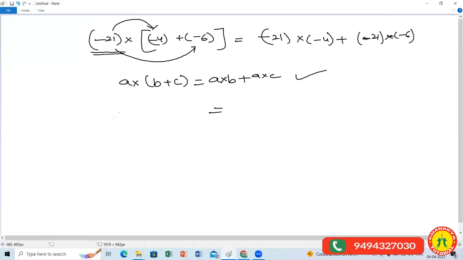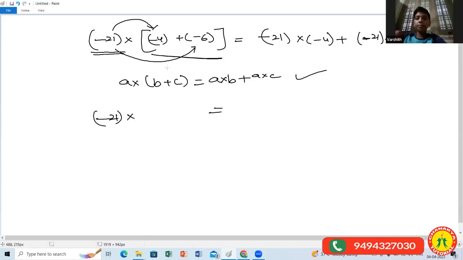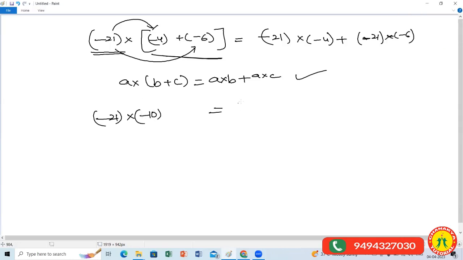You can simplify and check whether both sides are true or false, because they are asking to verify. -4 and -6 become, adding same signs, -10. Very good, it's -10. Right side, -21 into -4, no, minus of minus.